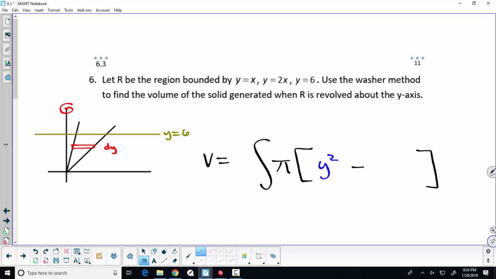Let's do green this time. And then dy. Okay. And then your bounds. 6 on the top, maybe 0 on the bottom. All right. What do y'all think about that setup?